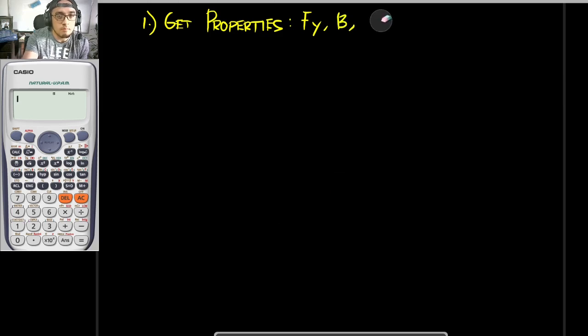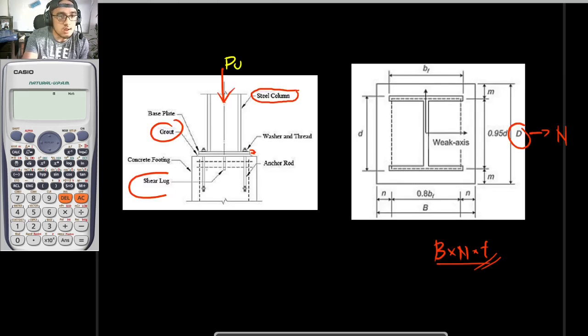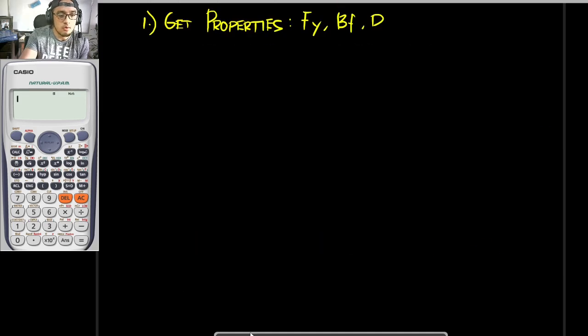BF pala yun. BF. So, the base of the flange of the compression member and the depth of the compression member. So, ano pa ba? Okay, since this is to be on top of a concrete pedestal, what would be the strength of the concrete? So, that would be FC prime.